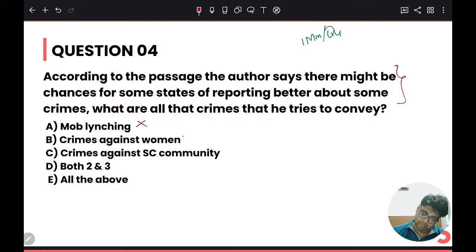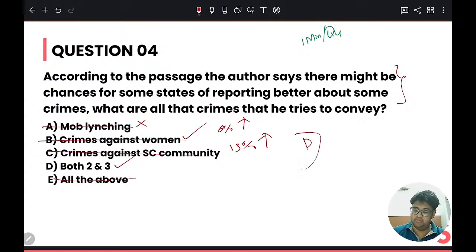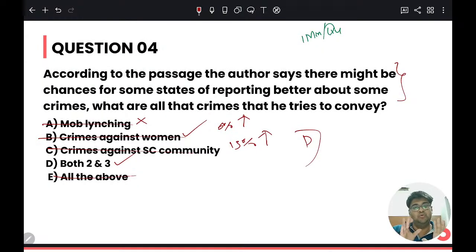There was a talk about women, that 6% increase. That's right. Then the SC community, scheduled caste, there was a significant 30% increase, right? So both B and C, and my option would be D. See, you should always keep that kind of analytical mind on while approaching.